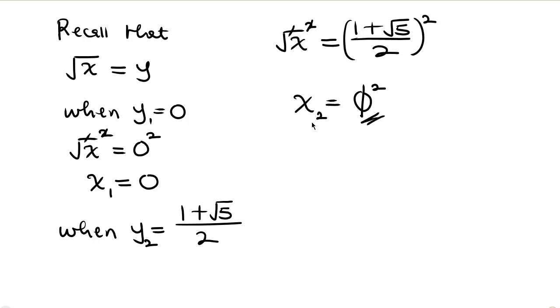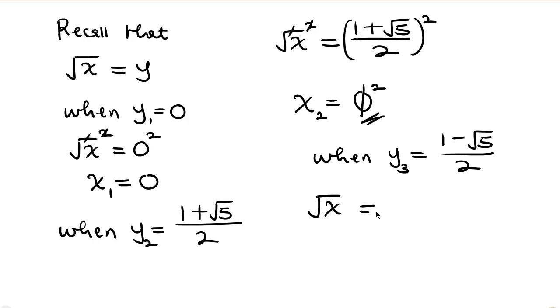Now, what about the third? This time, when y, which is the third value for y, is equal to 1 minus the square root of 5 all over 2. Now, we're going to be putting that here. So we have the square root of x equal to y, which is 1 minus the square root of 5 all over 2. Now notice on the left-hand side that this is a positive square root. So the left-hand side is actually positive.